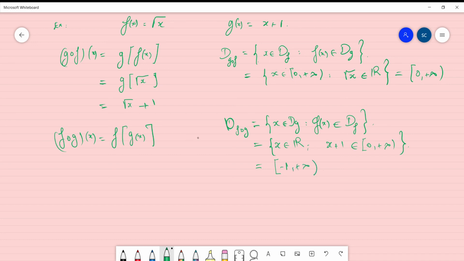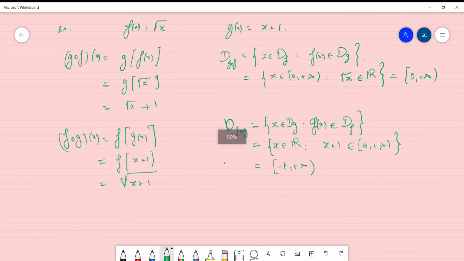You see how it is different. And the formula for this new function is f of x plus 1, and this one is square root of x plus 1. So here it is.